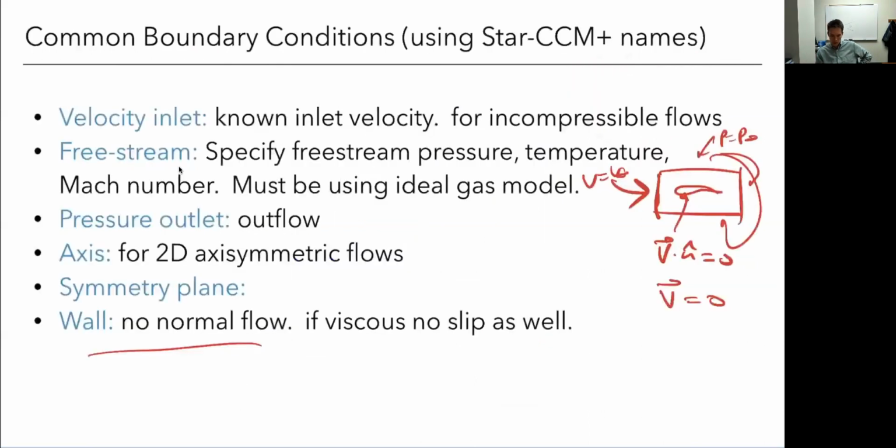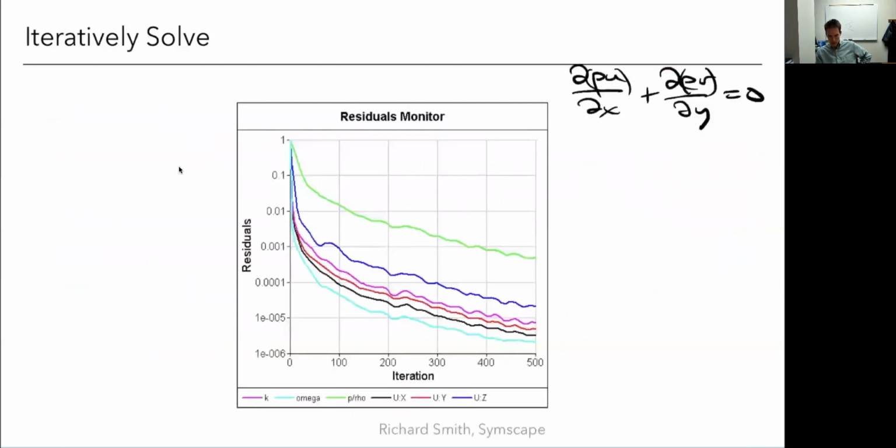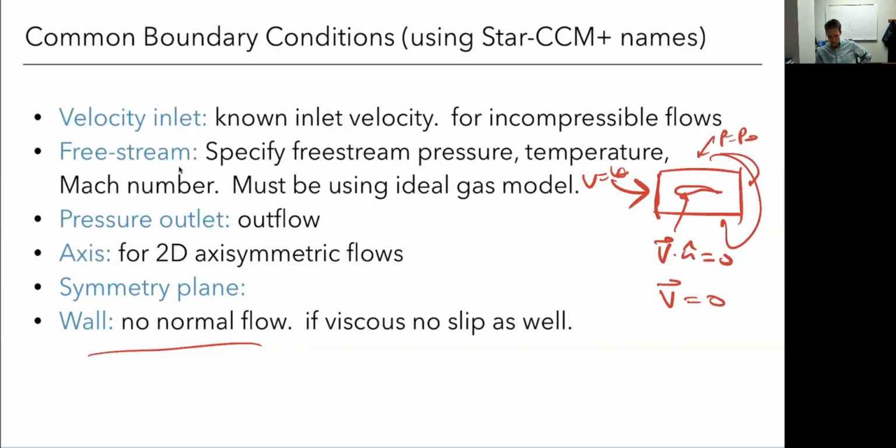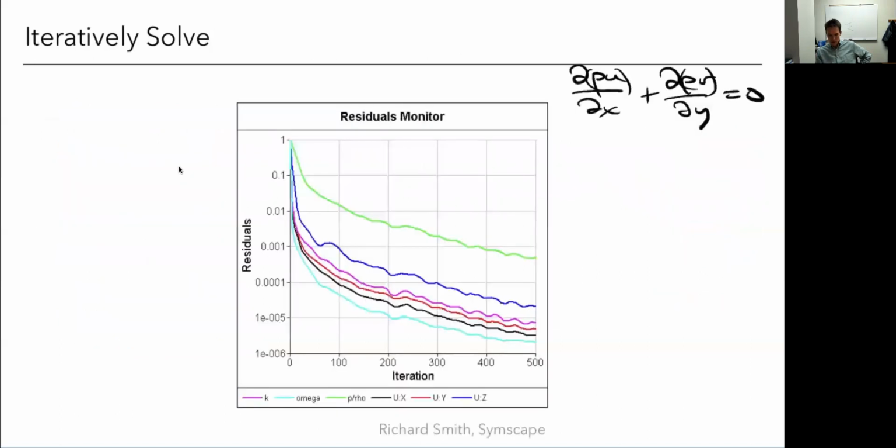So initially, I created this thing, I set my boundary conditions, and I put the free stream everywhere. And when I go to solve this, these equations are not going to be correct everywhere. So what I get is a residual, and the residual is I take everything and I set it equal to 0, and if I plug things in and calculate this, I'll get some number and it won't be 0. So I can just plot that, and over time, it should converge towards something that is 0.